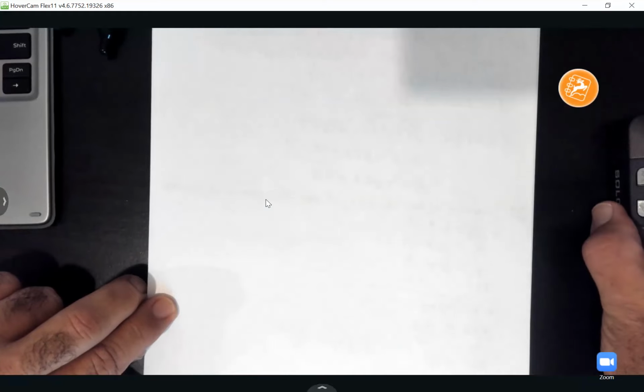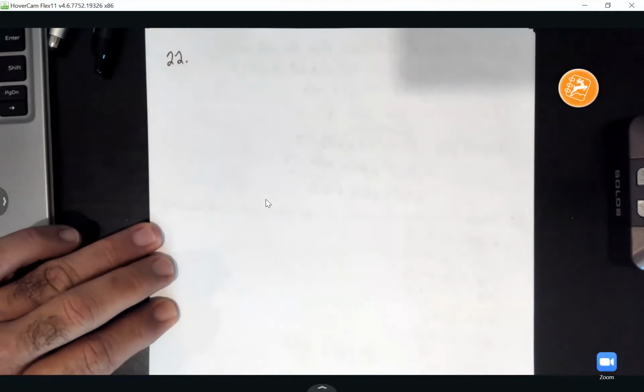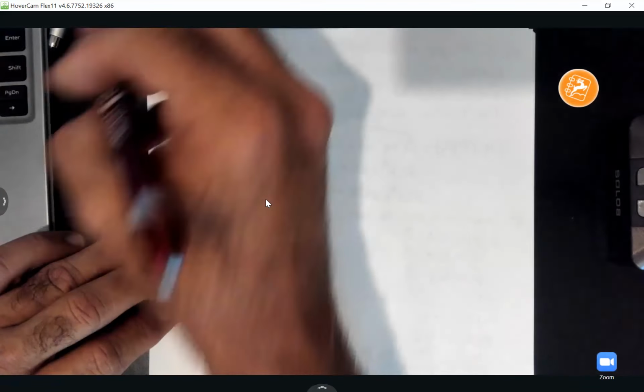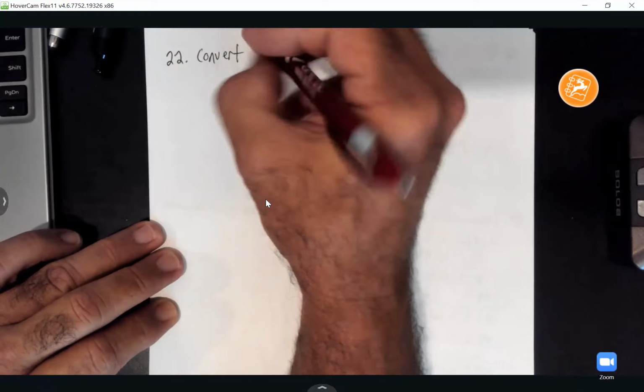All righty, so let me minimize this again. All righty, so we're on number 22. 22 says convert to a logarithmic equation. So this is your new stuff.